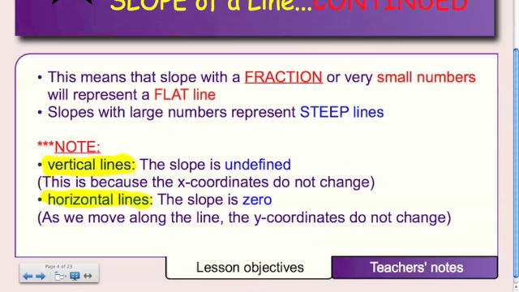Something that you should really just memorize is when you have a vertical line, the slope is undefined because your x-coordinates do not change. If you have a horizontal line, the slope is going to be 0. And this is because as we move along the line, the y-coordinates do not change.